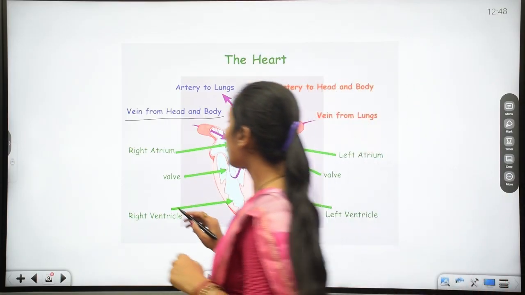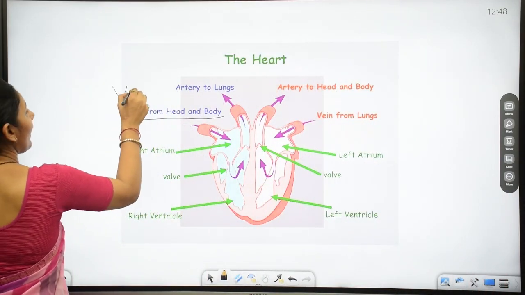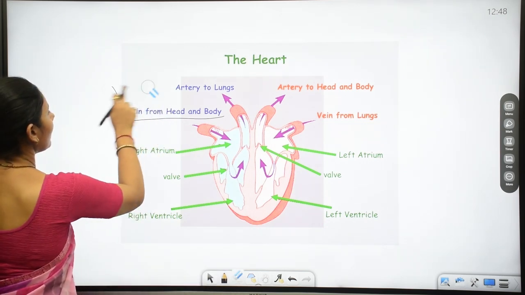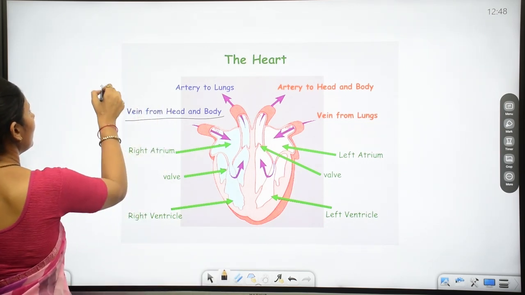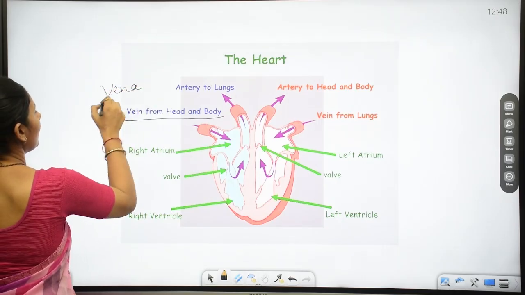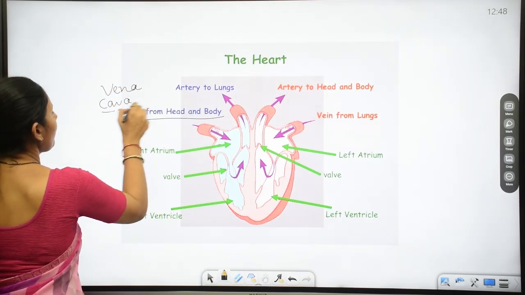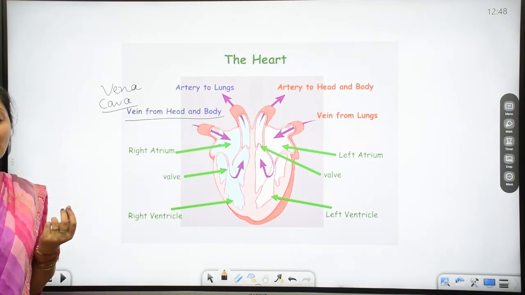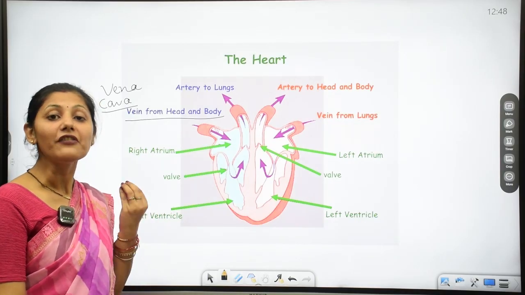The first one is known as vena cava. We have two types of vena cava. The first is known as superior vena cava and the second is known as inferior vena cava.